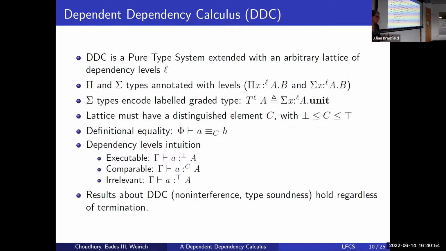Another thing I want to say about the system is that I've only proven type soundness and the non-interference result, basically the same way I just showed you, in terms of the operational semantics. So these are pretty weak properties of the system. And that's good because this doesn't have to be consistent.